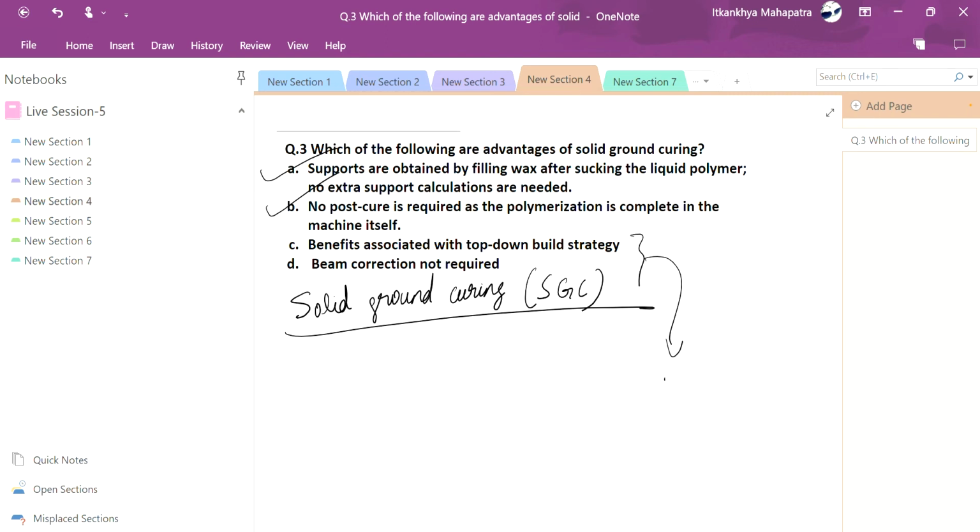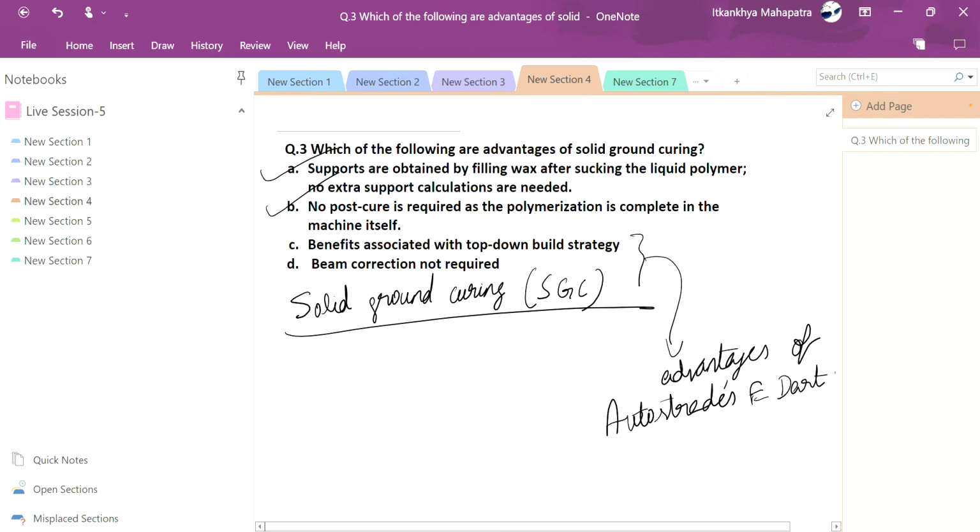These two are advantages. Now, apart from these two advantages, solid ground curing also allows fabrication of many large parts, production of very large parts.